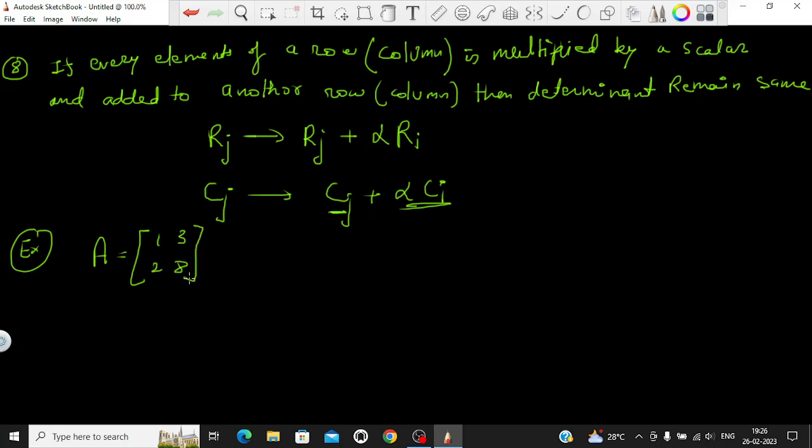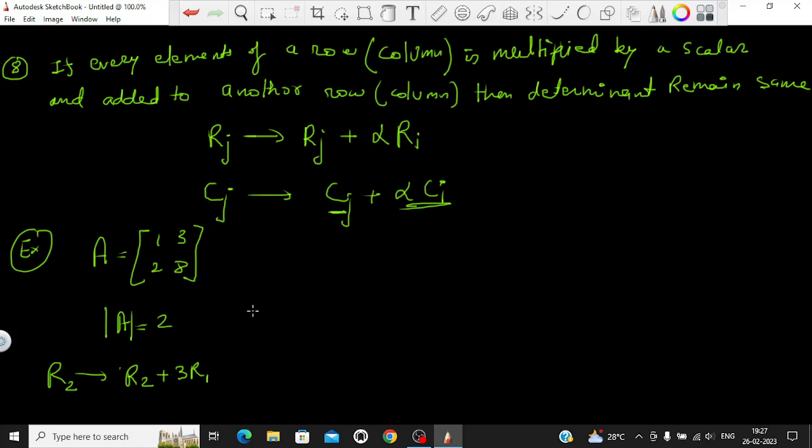Okay, and what you do, you just calculate the determinant. You know how you calculate, 1 into 8 minus 2 into 3, so you will get determinant 2. Now what you do, you apply this operation. You multiply 3, that is a scalar value, to row 1 and add it to row 2.